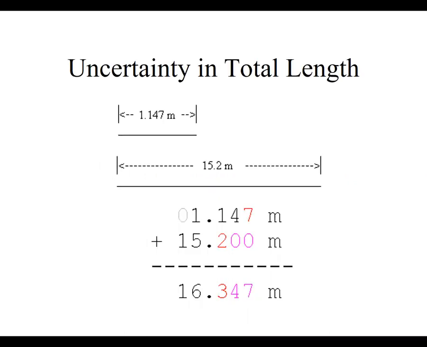So here, I've added the numbers together in the classical way, as I'm sure you've all learned in grade school, right? Lining the numbers up by their decimal points and then adding them digit by digit. Okay, you've all done that for many years now. But I'm doing something here that I bet you never did in grade school. I'm color coding the numbers to indicate their degree of certainty or uncertainty.